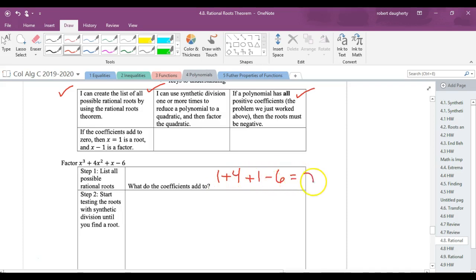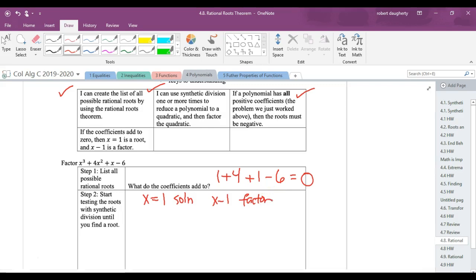What does that add up to be? That adds up to be 0. If the coefficients add to 0, then I'm guaranteed that x equal 1 is a solution, and x minus 1 is a factor. So this just helps me shortcut here. So if you want to memorize it, that's a good shortcut.